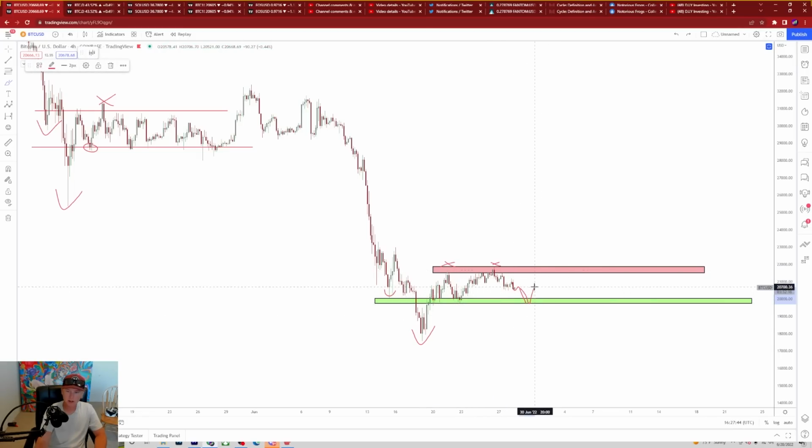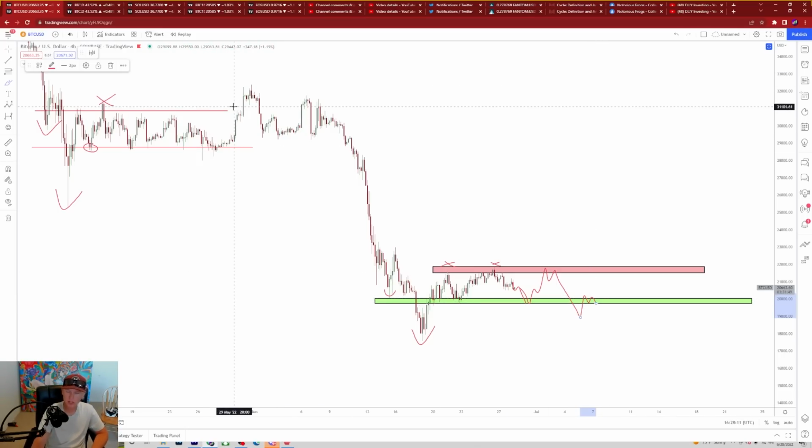Maybe we bounce up here, we come back down, and then we end up clearing through this green box. What if we do something similar to the move that we saw up here, except to the opposite side, where we come down here, we make these wicks, but we immediately jump back up and we reclaim this support? If we actually deviate below the support and then we bounce back up and reclaim that support, that shows that there's a lot more buy support inside the market, right?